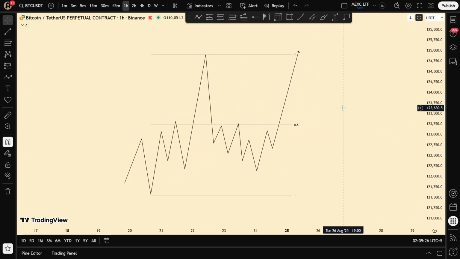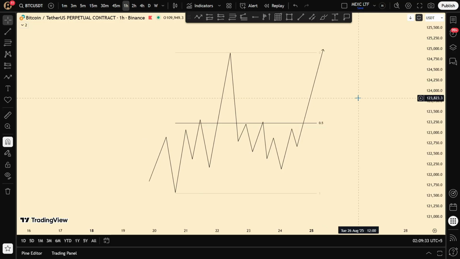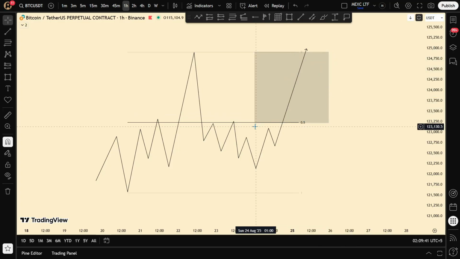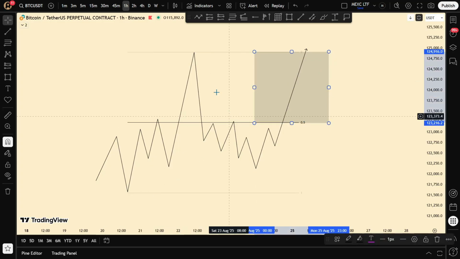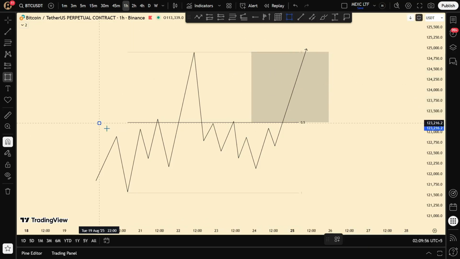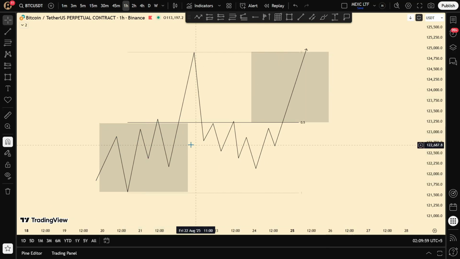This is useful to know because you will see traders use this in very simple examples. Anything above 0.5 on a leg, from 0 to 1, anything above the half of this whole leg is called premium. And anything below 0.5 is called discount.